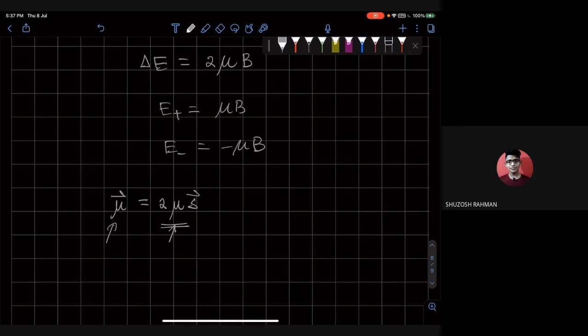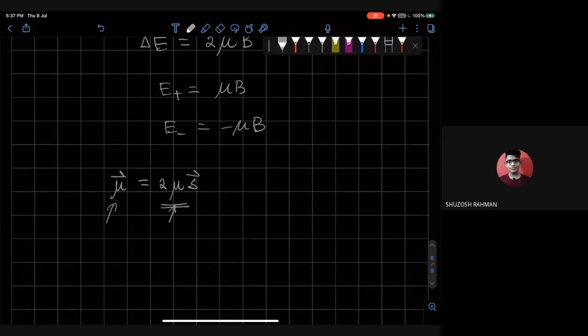Okay, so now classically, well, what is going to be the Hamiltonian? Quantum mechanically, the Hamiltonian of our system is going to be minus 2 mu B times S_z, because we are looking at the z component of the magnetic field.